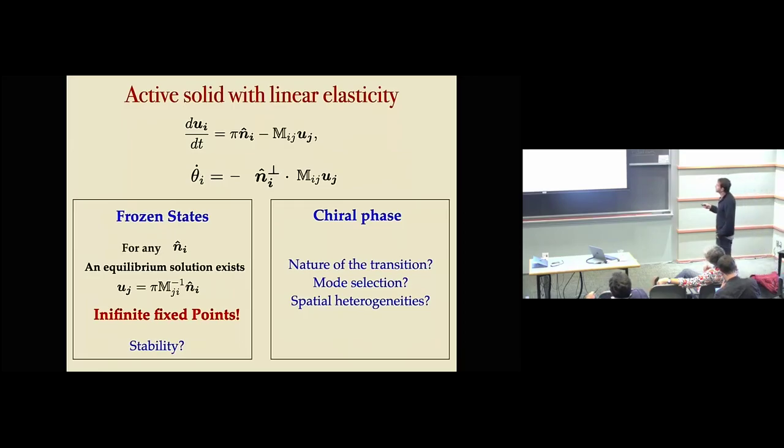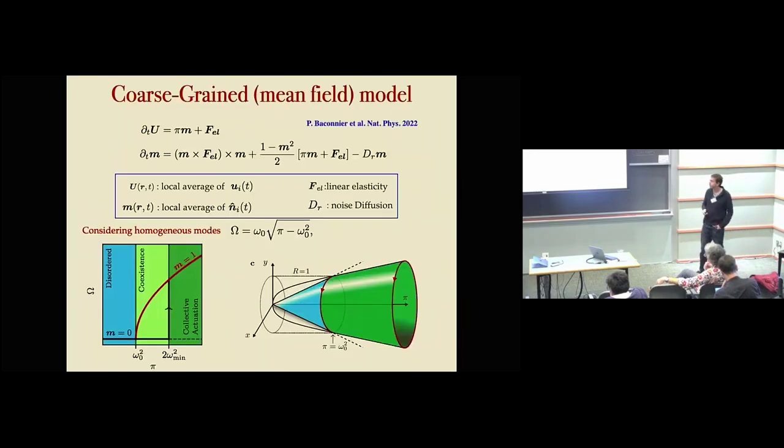From the other side, when you have this active actuation, you are in what we call the chiral phase, and there are questions regarding the nature of this transition, why you pick those two particular modes, and if we can understand a bit about this spatial heterogeneity.